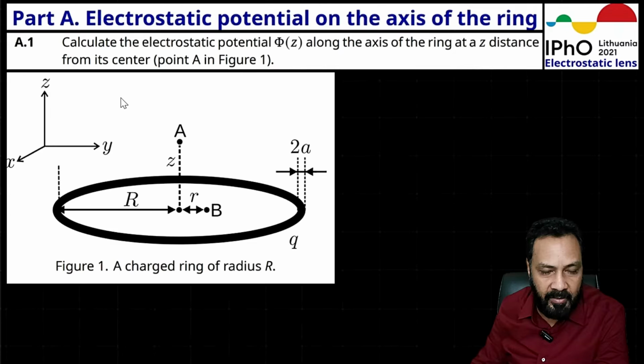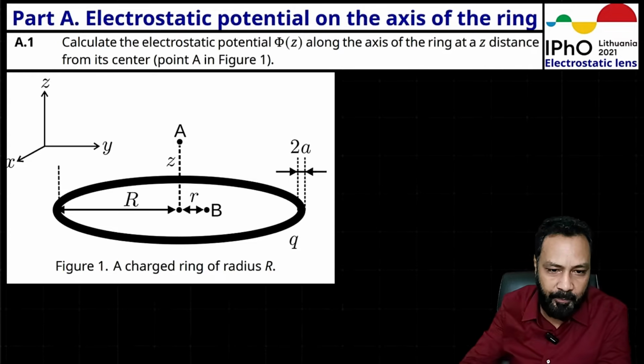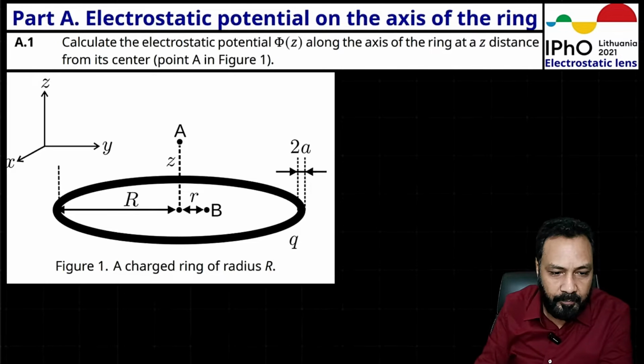The first thing they have asked is to calculate the electrostatic potential phi(z) along the axis at a distance z from the center. It's a very simple thing. This is the point A, and here we have to find the electrostatic potential.